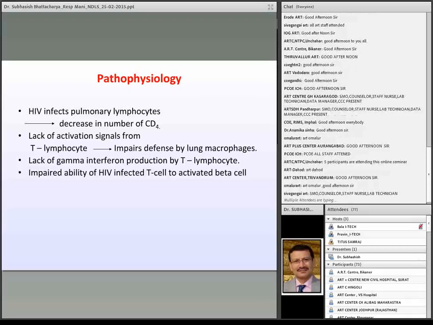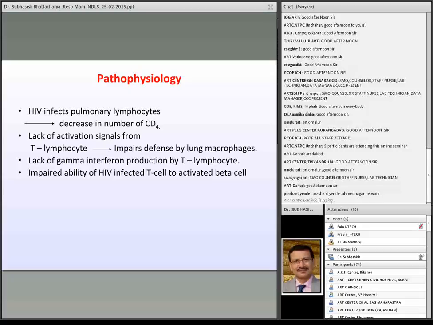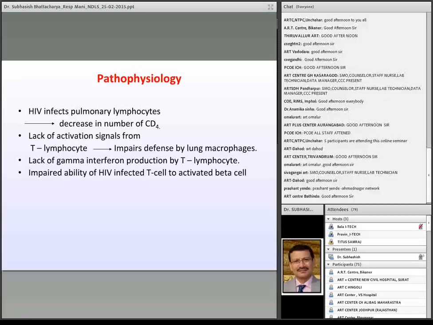There is also lack of gamma interferon production by the T lymphocyte, and the HIV-infected T cell has impaired ability to activate B cells in the lung. So all this leads to a significant reduction of the local immunity in the lung in HIV infected children.